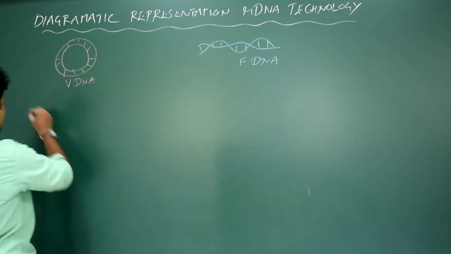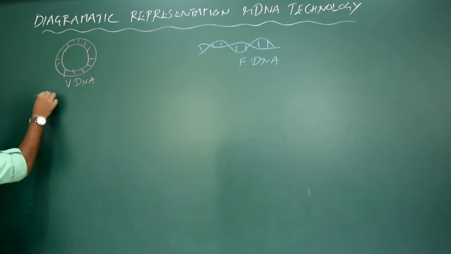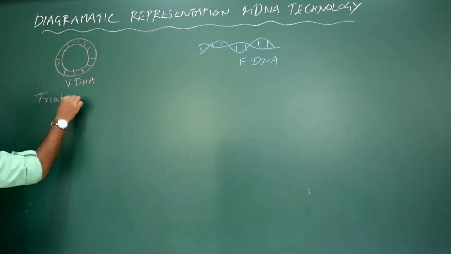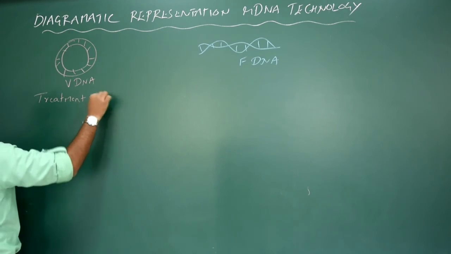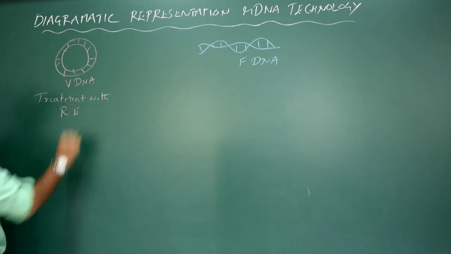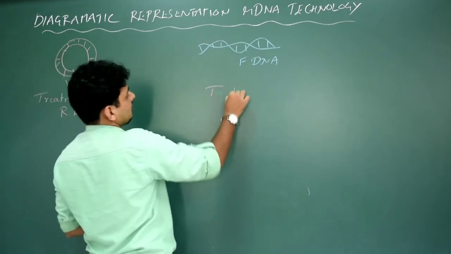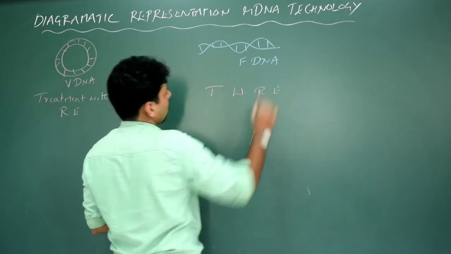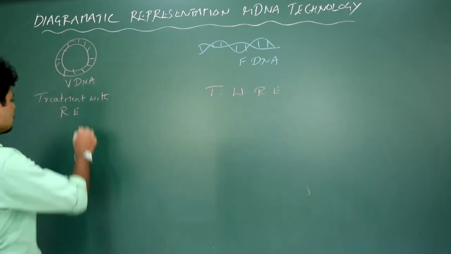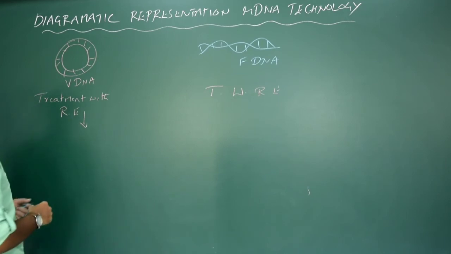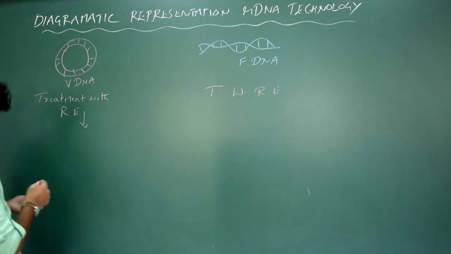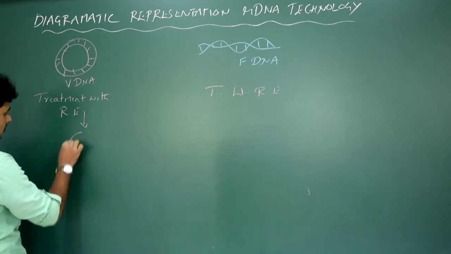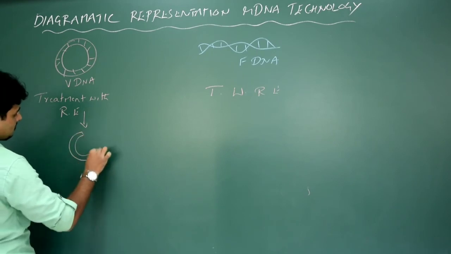Here what we have to write is treatment with restriction enzyme. Same here, treatment with restriction enzyme. Copy the same. Once the vector and the foreign DNA are treated with the restriction enzyme, what you are going to get is this.